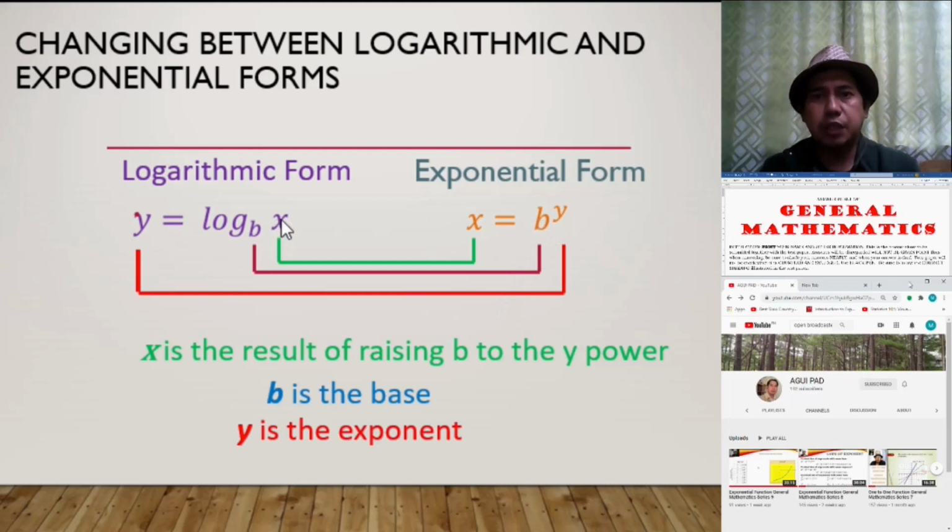And the x in the logarithmic form will always be the result of the exponential form, b raised to y. So x is the result of raising b to the power of y. The base is the base, and y is the exponent.